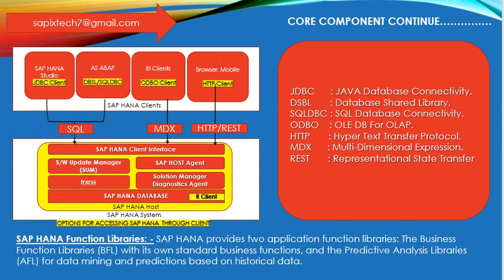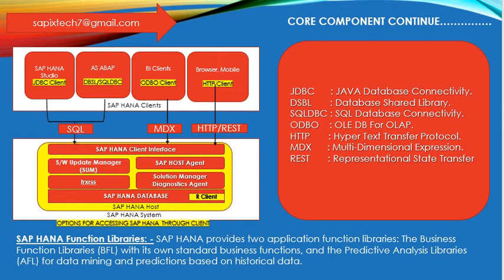And same as you know, for our application server ABAP, internally we use our GUI, and we connect with the application server. The connection which is used between our GUI and our application server is DSBL, database shared libraries, SQL DBC.